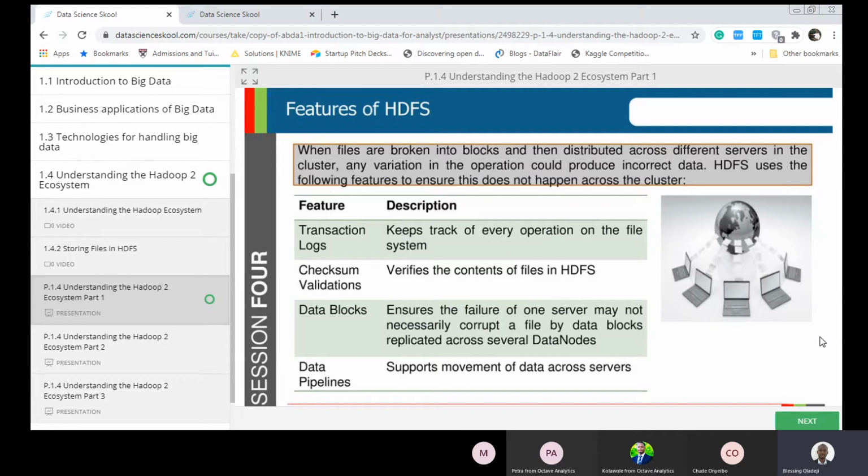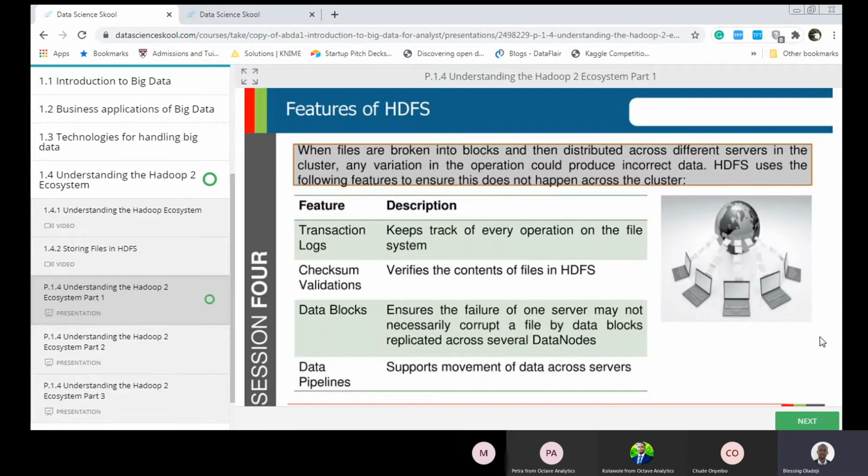If there is a delete command, it is logged. If a node went down at a particular point, it is logged. So one of the features of HDFS is that it keeps a transaction log.